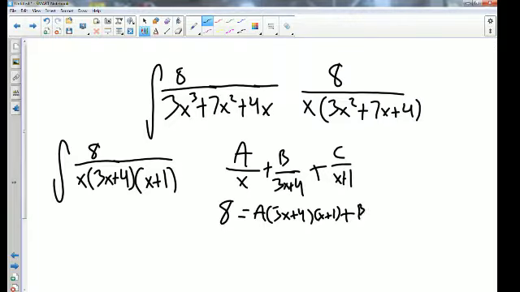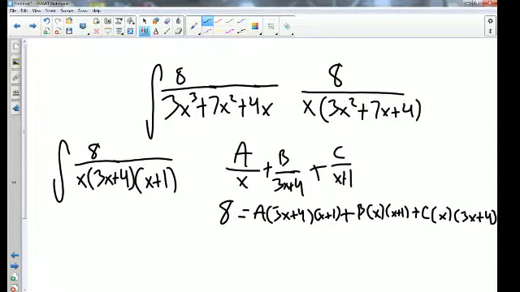It'll be plus b times x times x plus 1, and then it'll be plus c times x times 3x plus 4. Okay, so then you have to set a value to where you can get rid of two of the values.